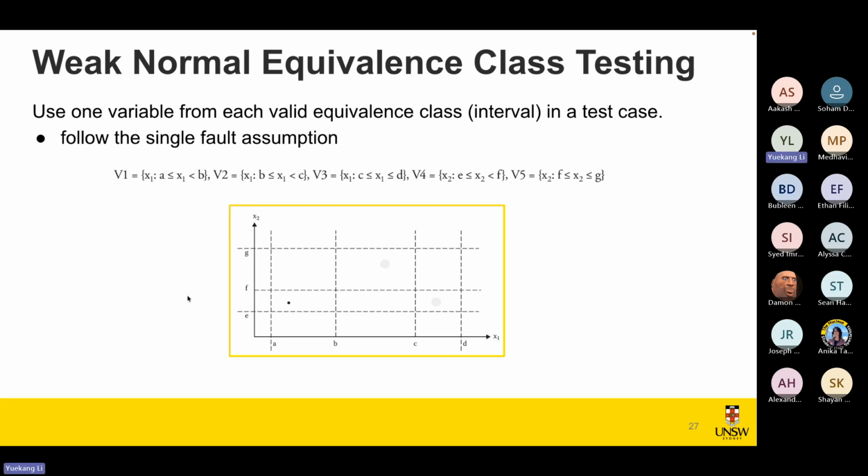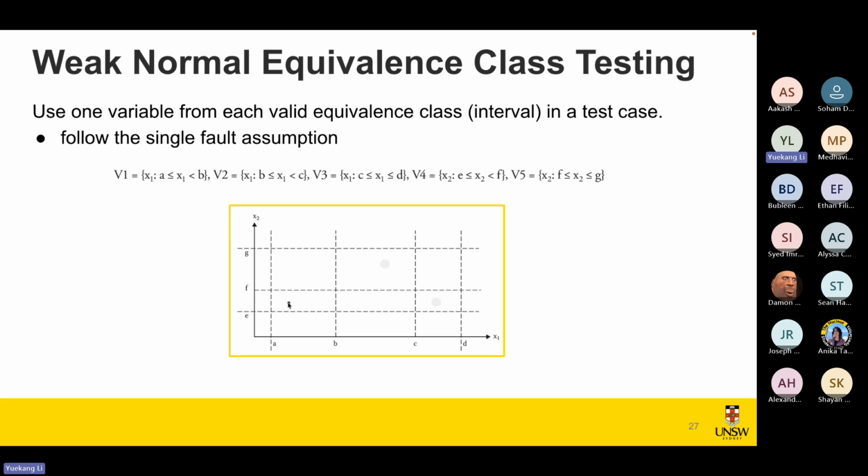And there are different solutions if we design the test cases. If we put our first test case here, which means that x1 is taking the AB range, x2 is taking the EF equivalence class. So we have covered this. So how do we design the next one?